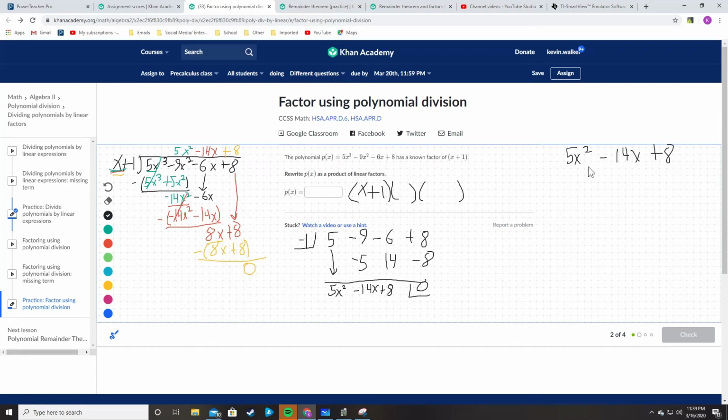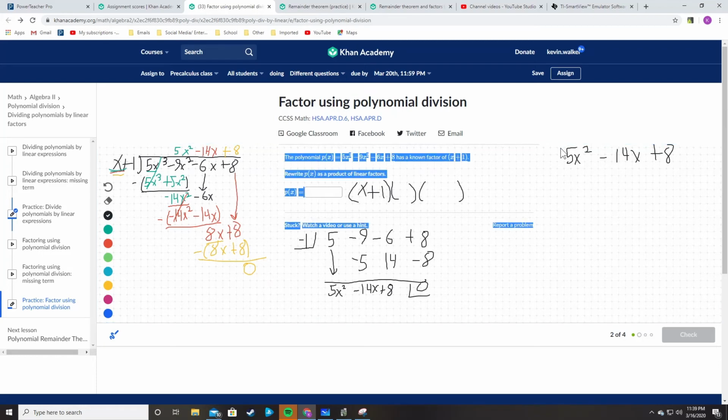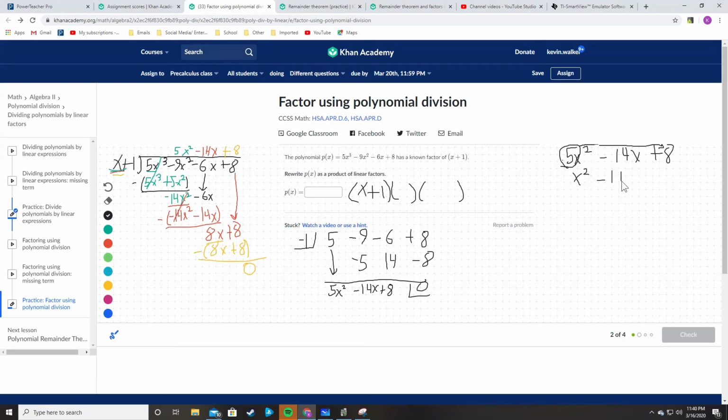First step, I particularly like using the factoring method where I take my first term. So 5, I'm going to bring this 5 all the way to the back and multiply it times 8. So that's going to turn this into x squared minus 14x plus 40.